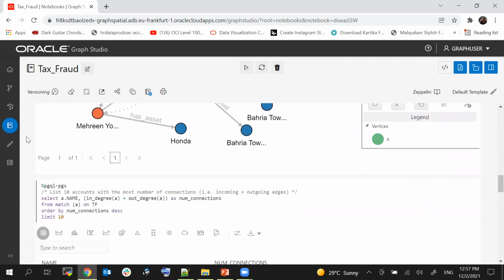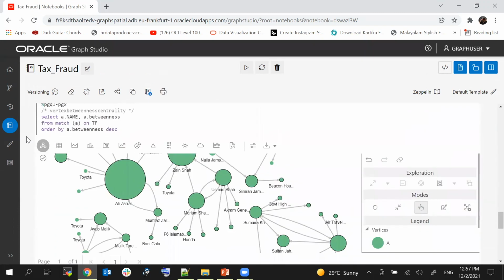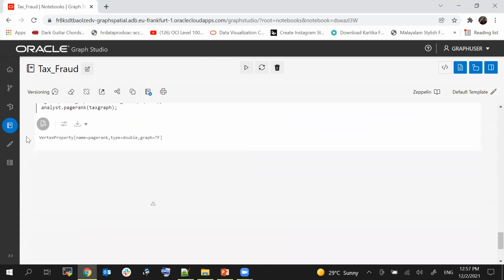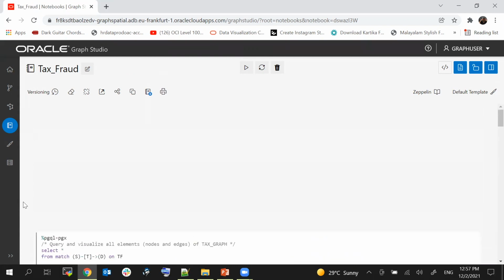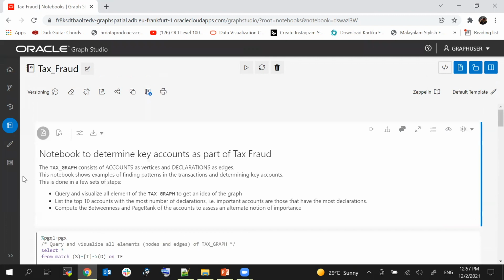So this is just a brief overview of Graph Studio. We'll be taking a look at each of these paragraphs that we have here. So to start with, the base information is that Oracle Graph allows you to have a notebook functionality, and the notebook functionality allows you to write paragraphs to organize the information.